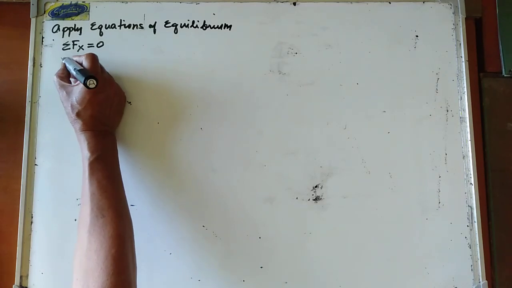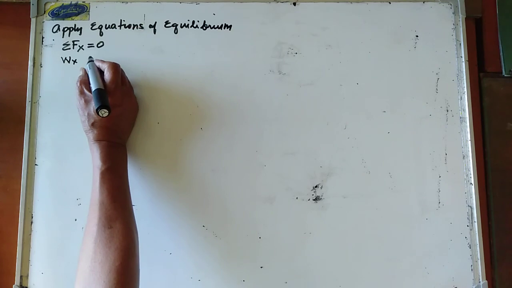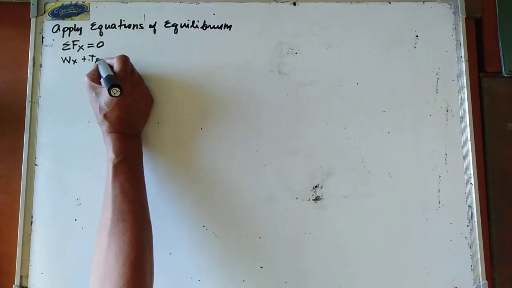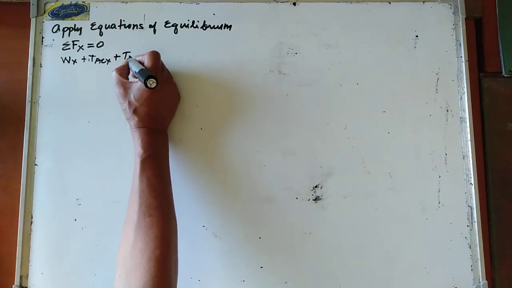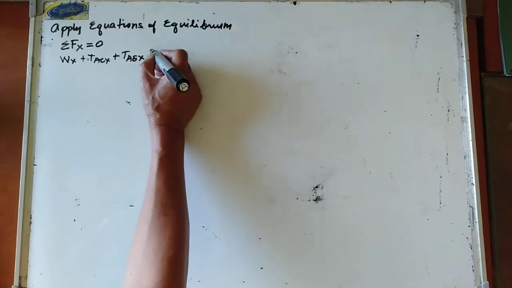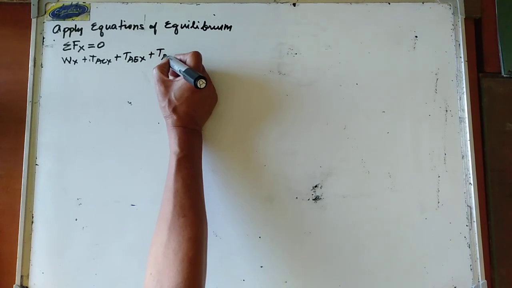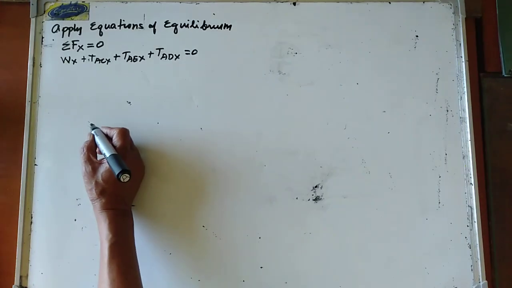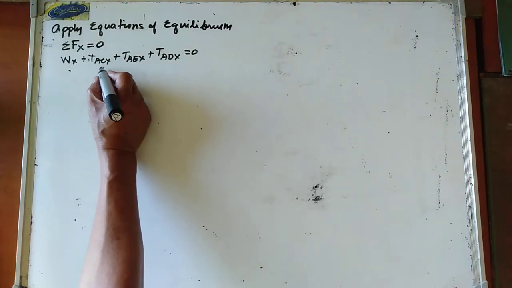And this is equal to your WX, we have your TACX plus TAEX plus TADX equal to 0. So WX is equal to 0. TACX is equal to 0.